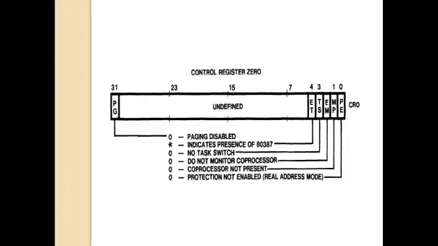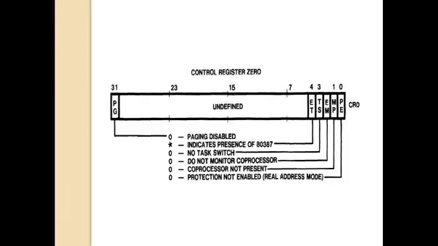So it indicates whether 387 is present or not. Then if it is reset, the configuration either contains a 287 or does not contain a coprocessor. So if we have value 0 in ET, the coprocessor may be 287 or no coprocessor is connected.